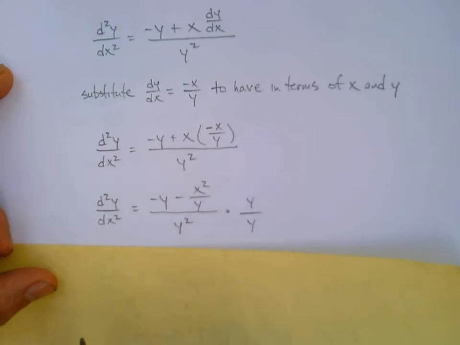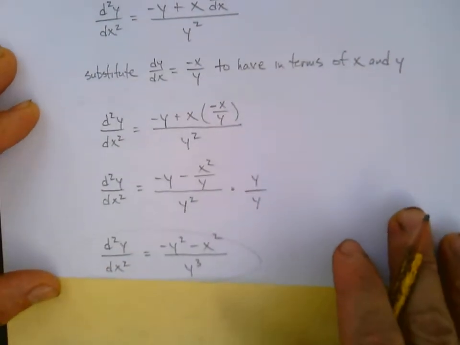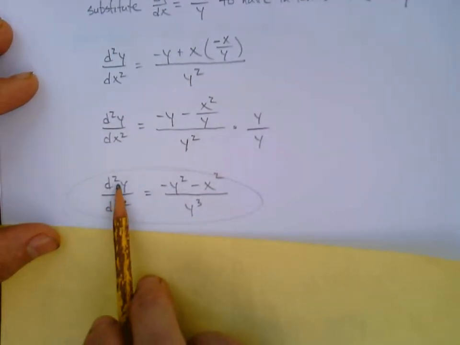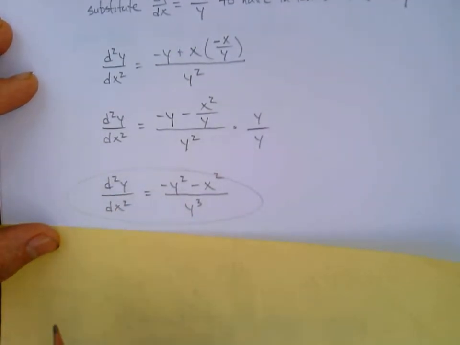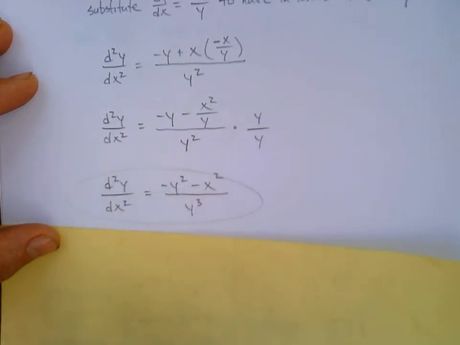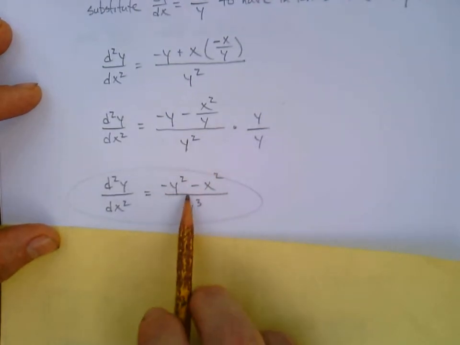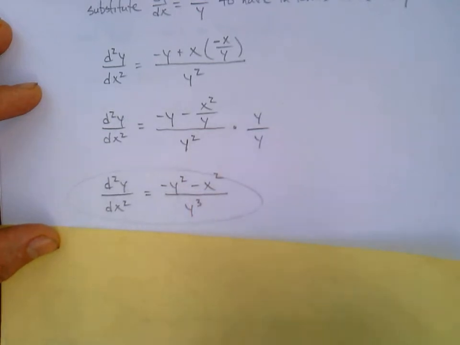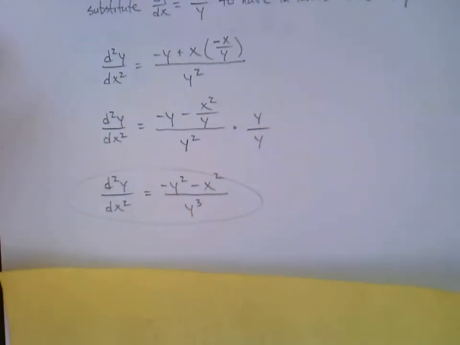And then we won't have this fraction anymore. So if the y multiplies all around, it turns out to be this. Our second derivative, d squared y over dx squared, equals negative y squared minus x squared over y to the third. And it's almost like we have that circle equation. Or it's like the negative of the circle. Ooh, that's surprising. It's kind of interesting.